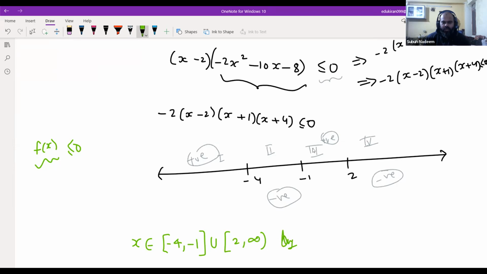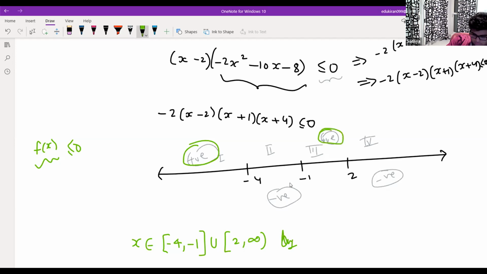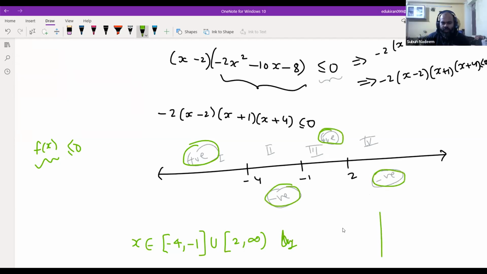If the function was greater than equal to 0, then you will take minus infinity to minus 4 and minus 1 to 2. This is the positive region, and this is the negative region. Here we are talking about negative. Now, if they ask you to draw the graph, you will say 2 is here, minus 1 is here, minus 4 is here.